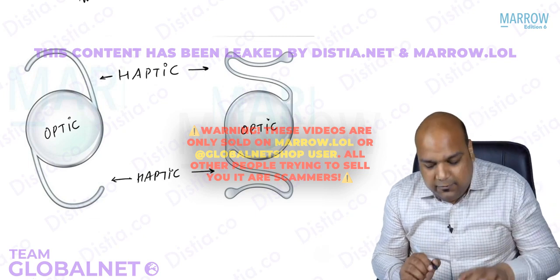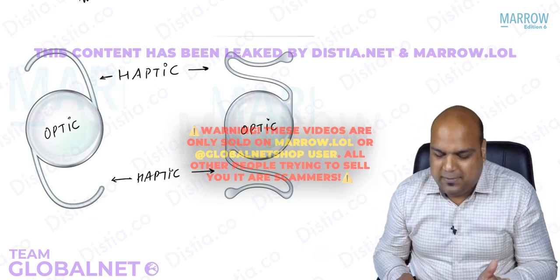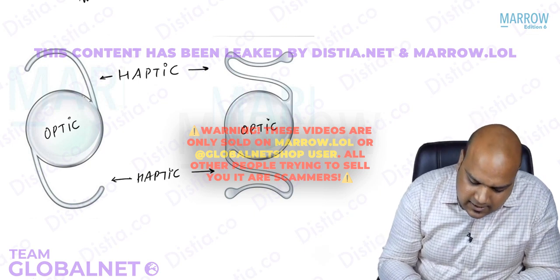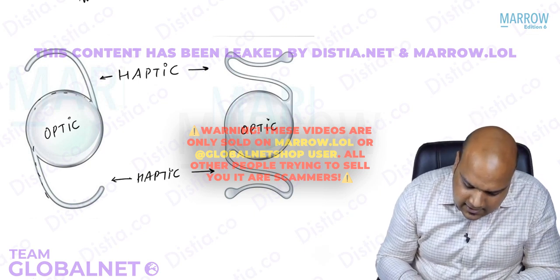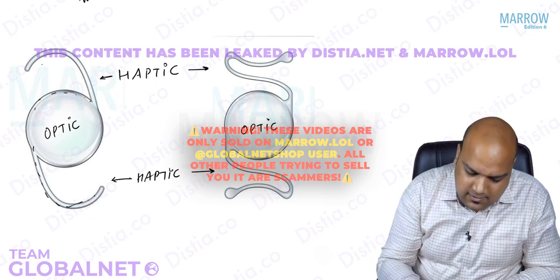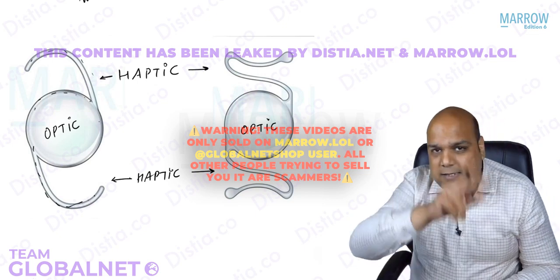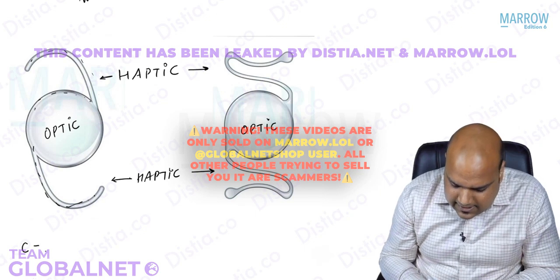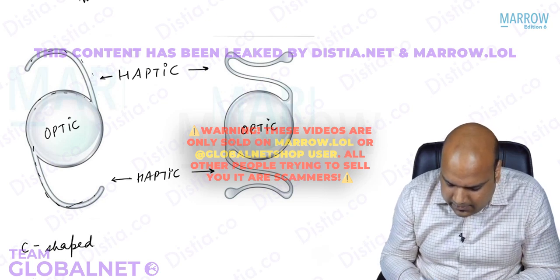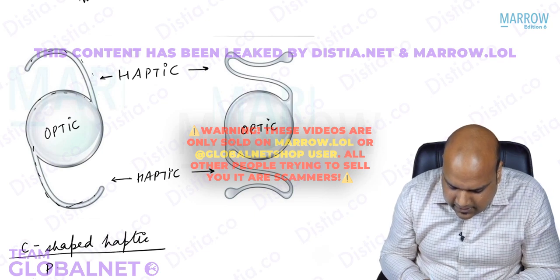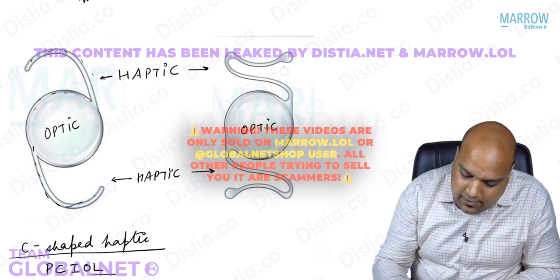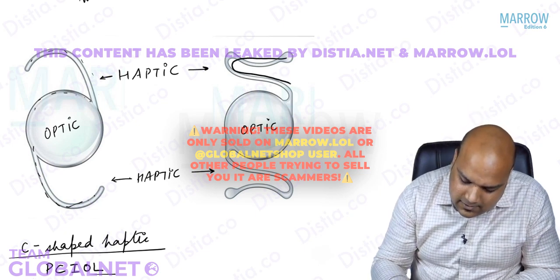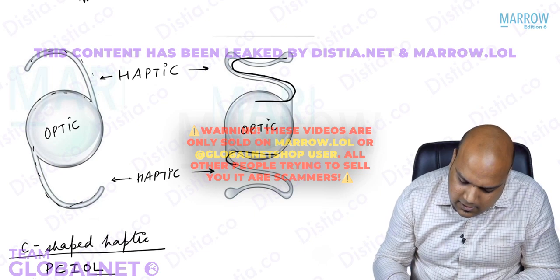Now, the difference, if you see, is in the design of the haptic. So if we see carefully, I can say this haptic is C-shaped. C-shaped. Yes. This C and this C, one inverted C and one straight C. Yes. So if we have a C-shaped haptic, that means we are looking at a PCIOL. But if we have an S-shaped haptic, see everybody, this is an S shape, this is an inverted S again.